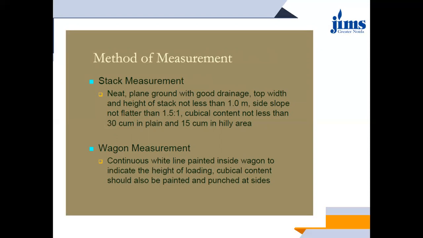Then comes the wagon measurement. There are trains, or you can say rolling stocks, which are used to transport and convey the ballast. While measuring the stacking in the wagon, there is a white line painted inside the wagon to indicate the height of loading. It indicates the cubical content also, which should be painted and punched at the sides itself.